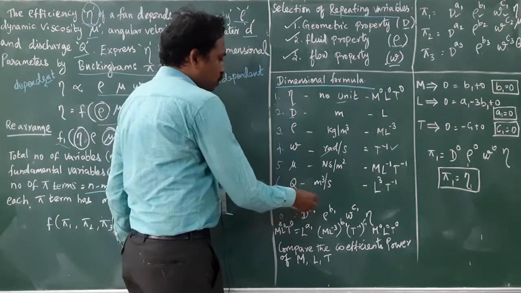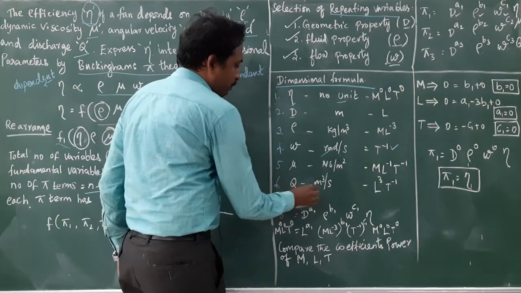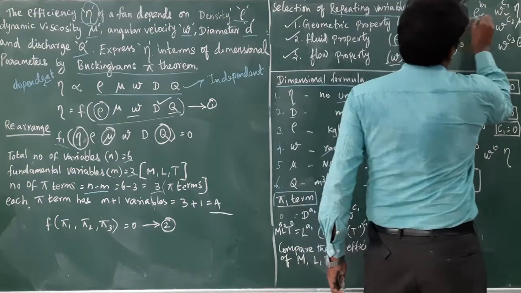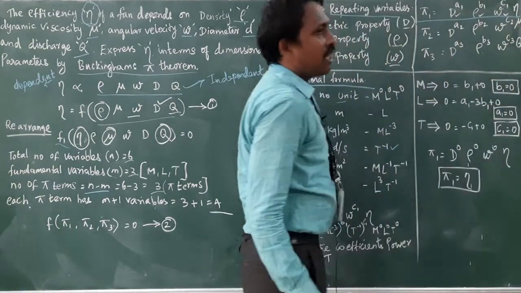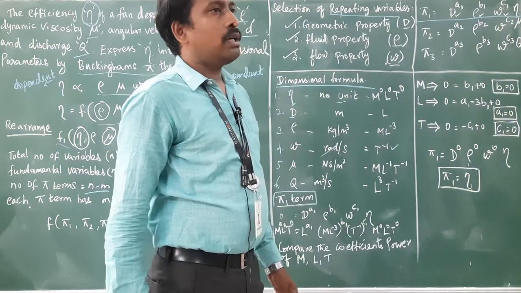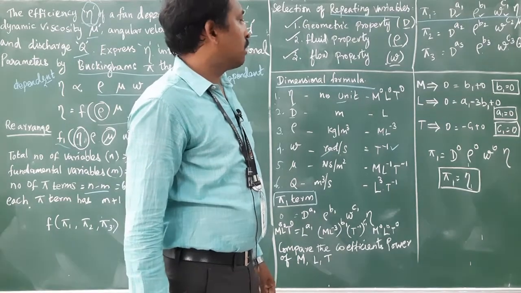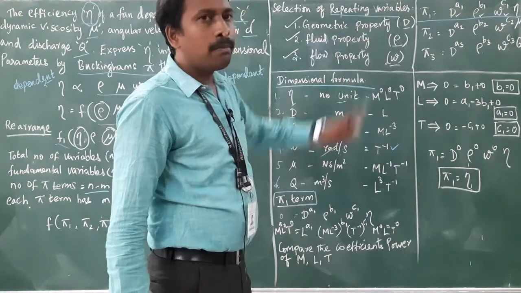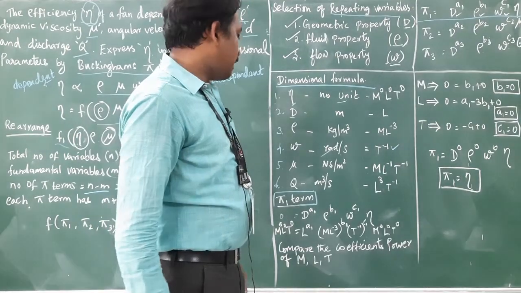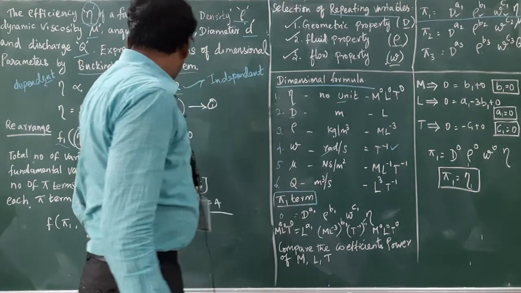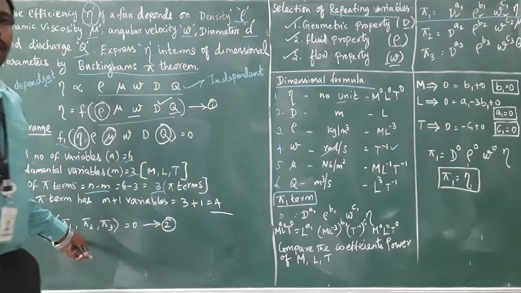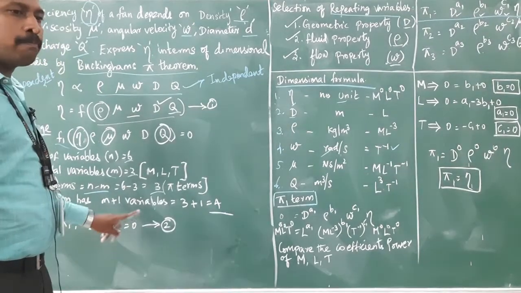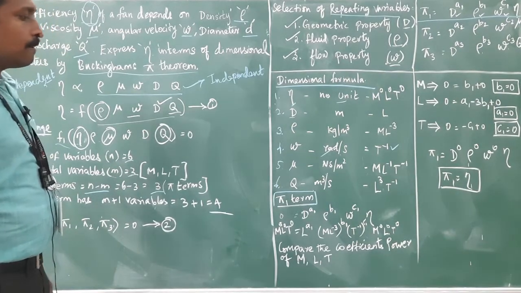So first we need to solve the pi 1 term. Pi 1 term, which is d power a1, rho power b1, omega power c1 into eta. Write the dimensional formula for the pi 1 term. We already know the function of pi terms is 0, that is f of pi 1, pi 2 and pi 3 is 0.